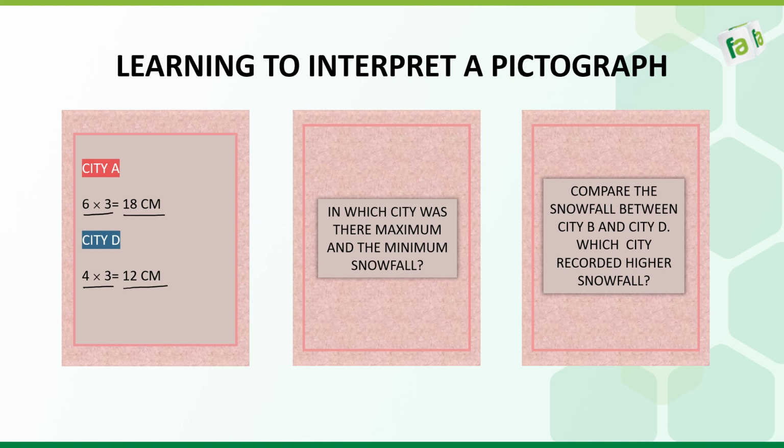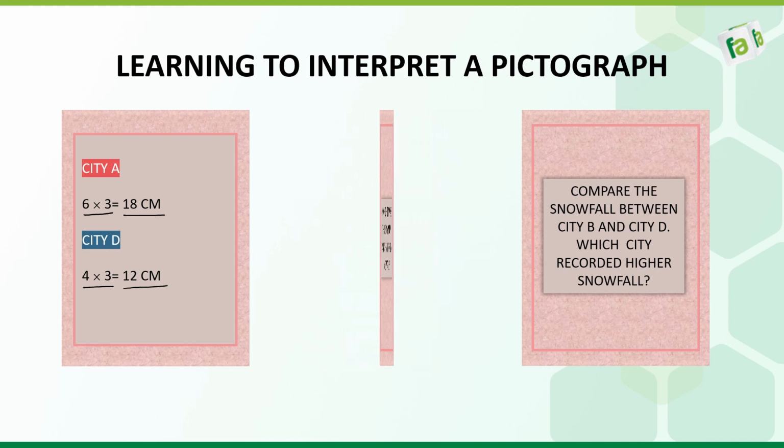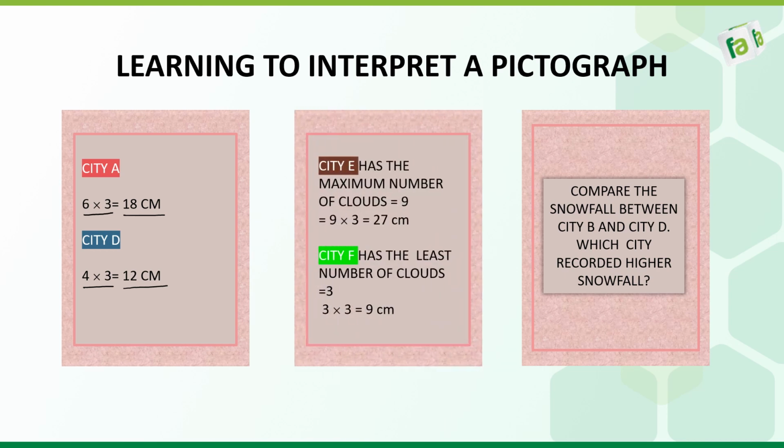Our next question is, in which city was there maximum and the minimum snowfall? To answer this question, we will first identify the row with the highest number of clouds. So, city E has the maximum number of clouds, which is equal to 9. So, 9 multiplied by 3 is equal to 27 centimeters.